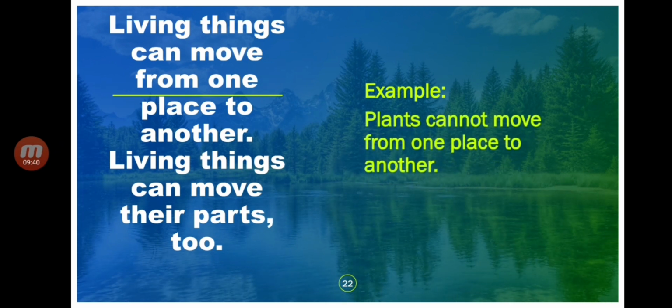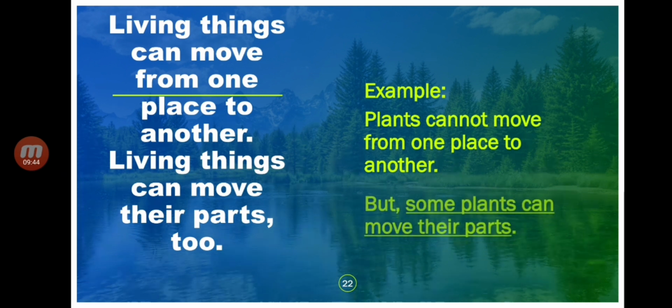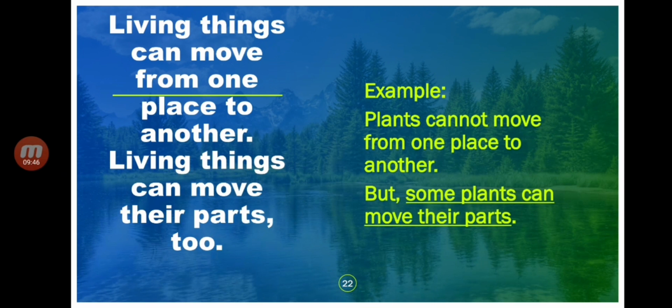Plants cannot move from one place to another, but some plants can move their parts, right? Yes, very good. An example of that is the roots, their leaves, and also their stems.